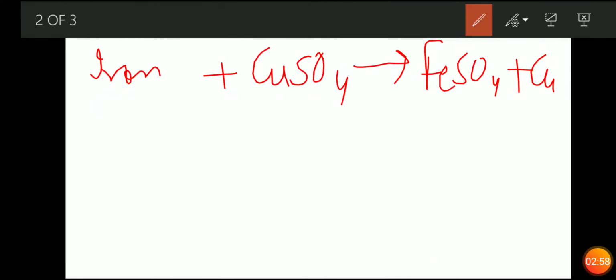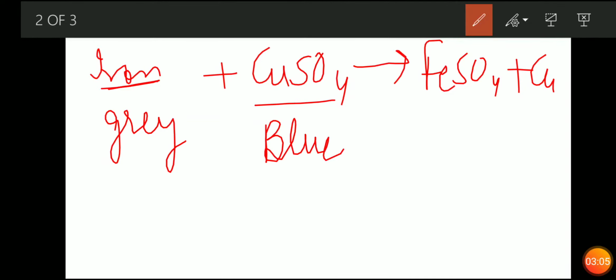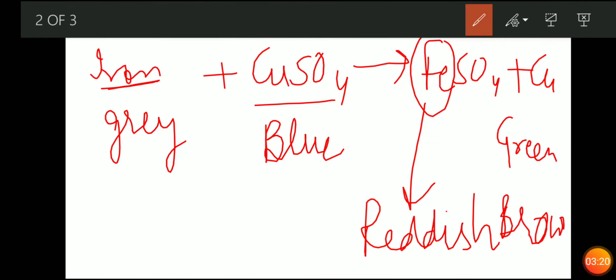The change is that this iron is grey in color and this copper sulfate solution is blue in color, but the color of the solution changes and it becomes light greenish. But the iron will become reddish brown. So this is a chemical change, because this iron cannot be reversed back into the grey iron form, but you have to demonstrate it in the form of a reaction.